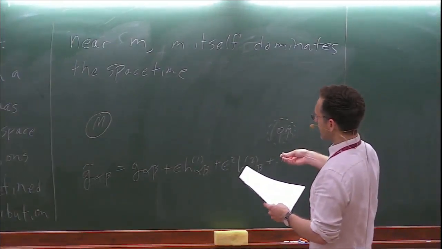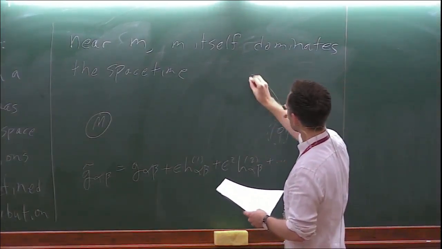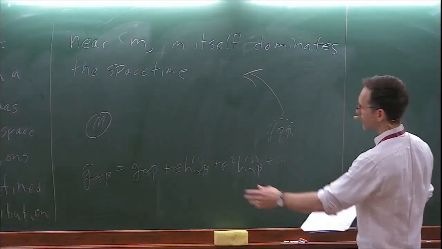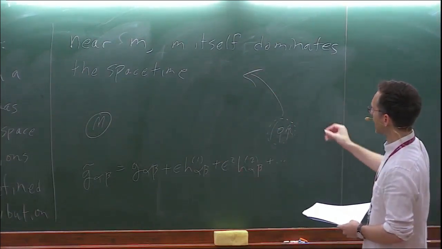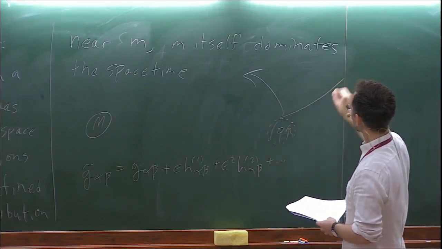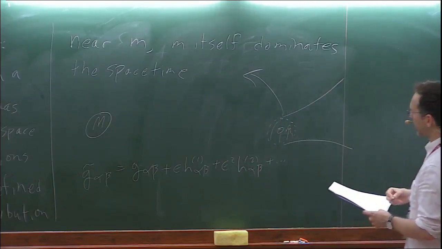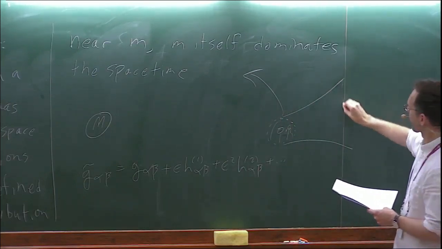And the idea is, you've got this big space-time, this thing's going around. In most of the space-time, you use this expansion, but then you zoom in on this region around the small black hole.